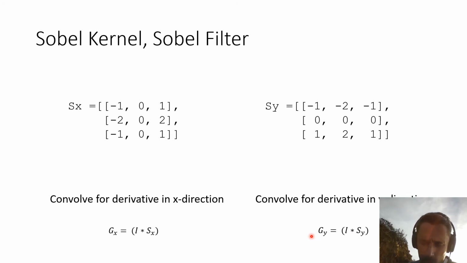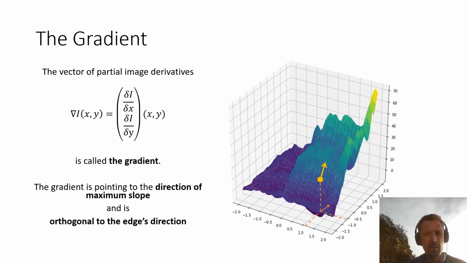Now, what we do with that, and the reason why we call this G, is described on this slide. So here we define a property that we call the image gradient, which is basically a vector of the partial image derivatives.